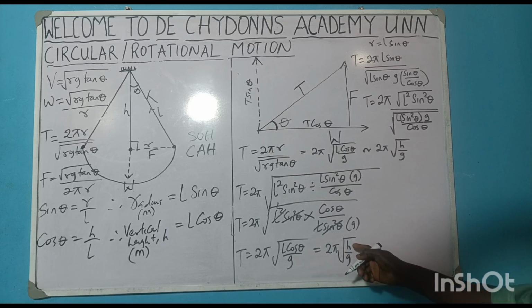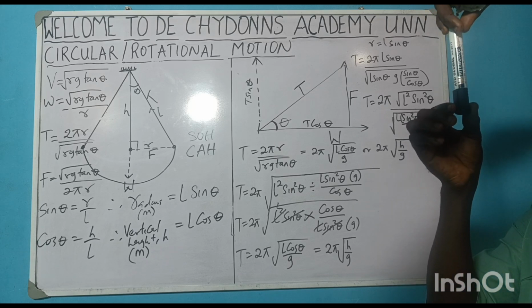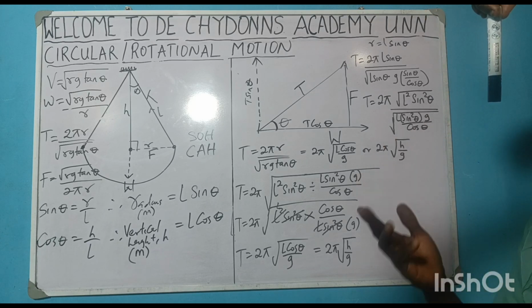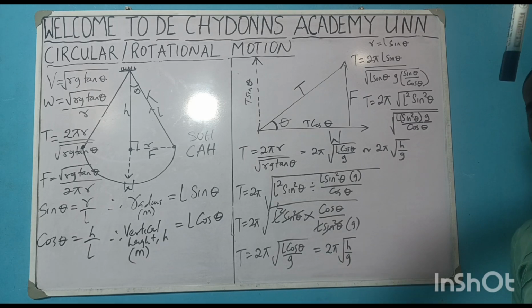Now this h you are seeing can come in many ways. When you are talking about spring, are you getting it? You know, spring can also embark on simple harmonic motion. So this formula can also be used in simple harmonic motion too.